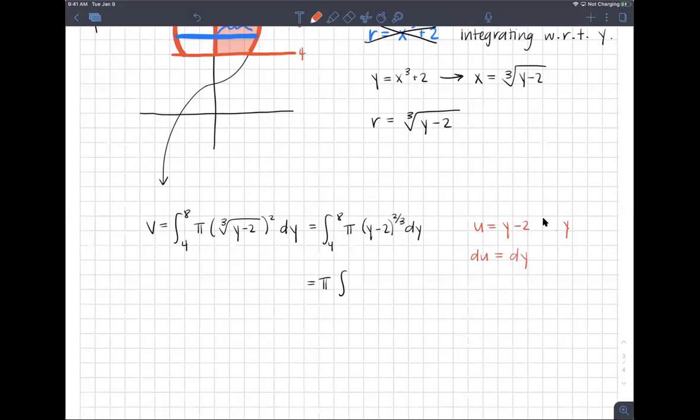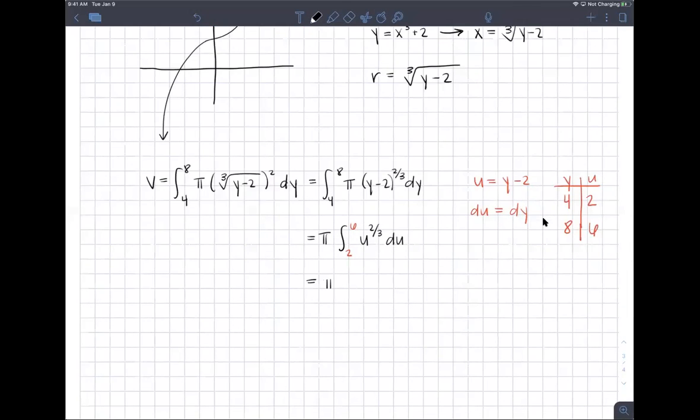Yeah, you need to change 4 and 8 to whatever they would be for u. So if I make a y-u table, when y is 4, u is 2. When y is 8, u is 6. And so here my limits of integration are now going to be from 2 to 6, and I'm going to have u to the 2/3 power du.